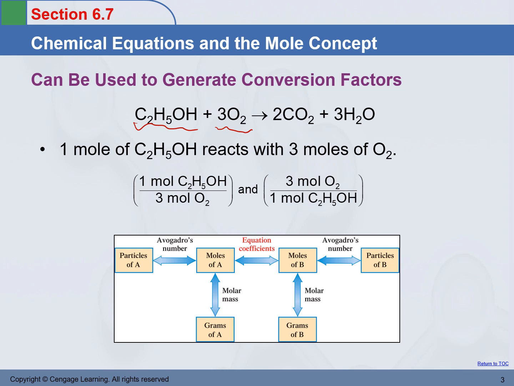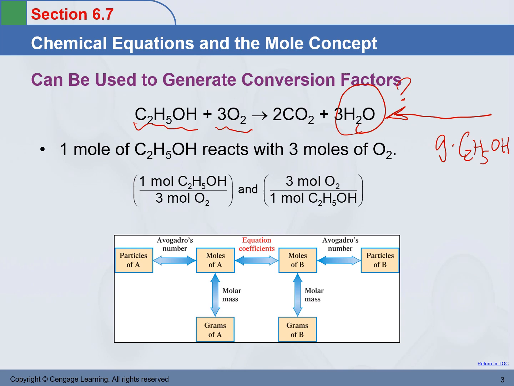For example, let's say someone is planning to do this reaction, and that person has a certain number of grams of ethanol available. You want to react all the ethanol you have, and you want to know how many grams of water it can produce. Assume that is your question.